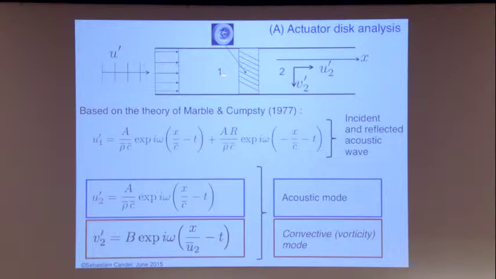So in fact here, this cascade reflects the wave, but the reflection coefficient is rather low. And on the downstream side, you have an acoustic wave, which is just this one, like the standard waves. You recognize a wave which propagates in the downstream direction. But in addition, you have a convective wave, which is this one.